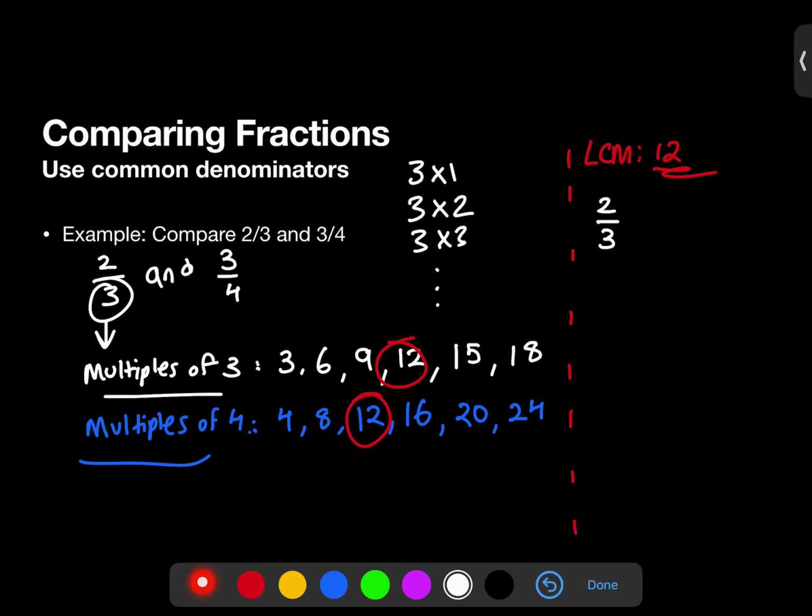Correct. So it's 4. So we'll do 3 times 4. So similarly, if we're multiplying the denominator by 4, we have to multiply the numerator by 4 as well. And can anyone tell me why? Why do we have to multiply both the top and bottom by 4?